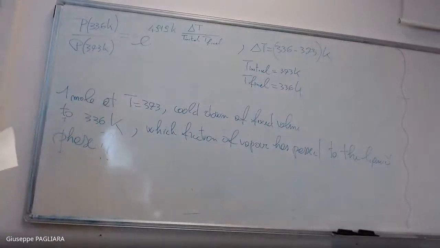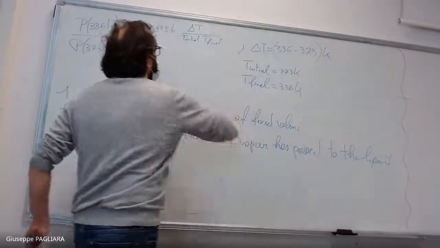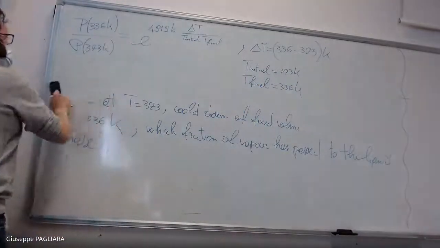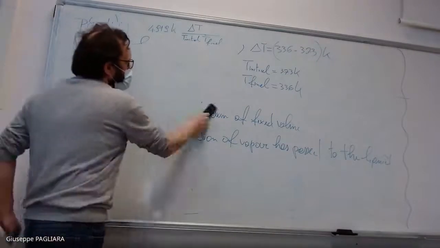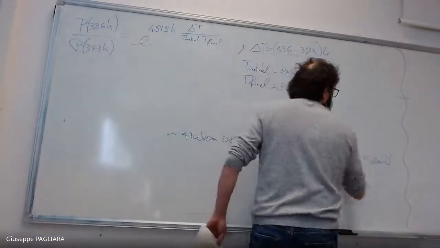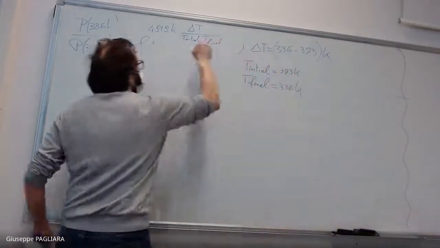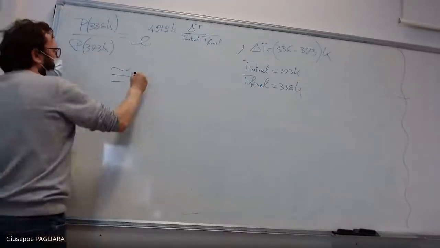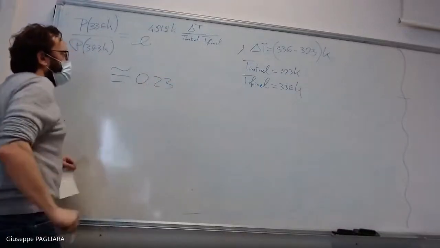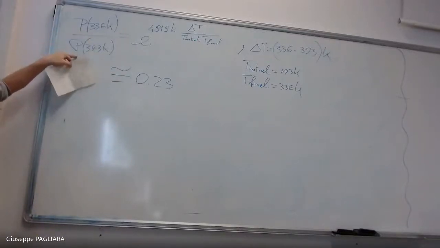Now, if you put those numbers in here, you get that the ratio between pressures is almost equal to 0.23. So this is the ratio of the pressure in the final state and the initial state.